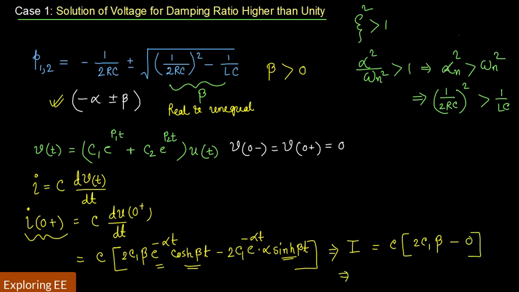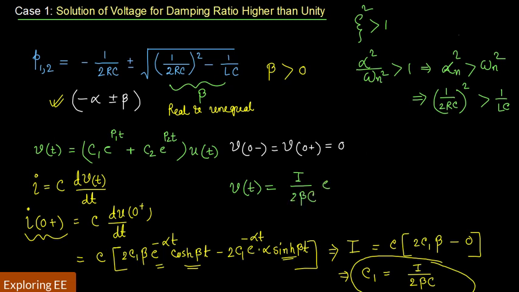So the constant C1 comes out to be I by twice beta C. If we put this expression of C1 in the solution of the voltage, we have voltage equal to I by twice beta C times e to the power minus alpha t sinh beta t multiplied by u of t. So this is the final expression of voltage across the RLC branch.